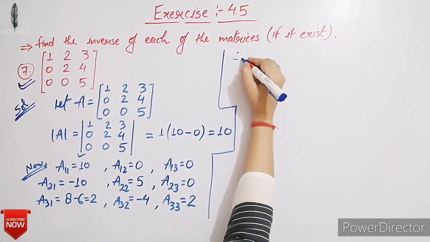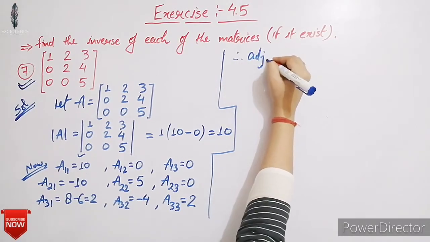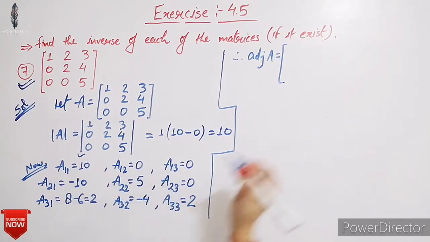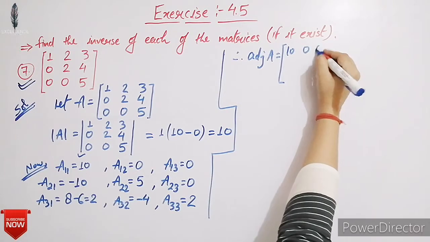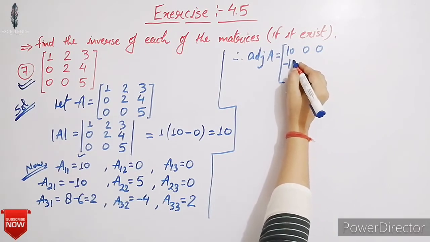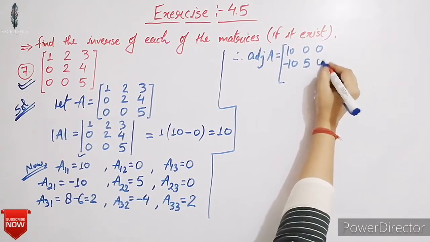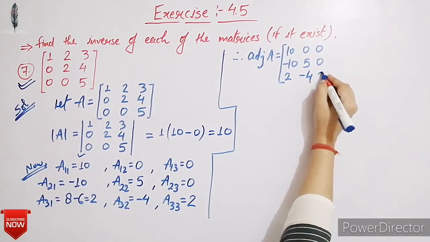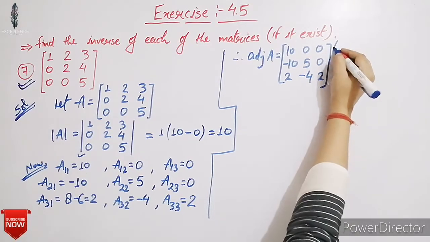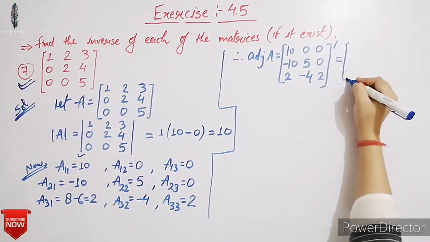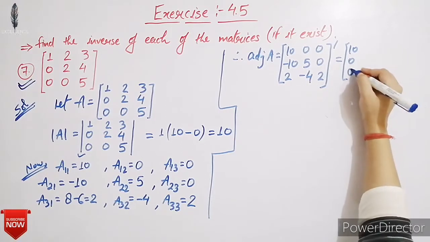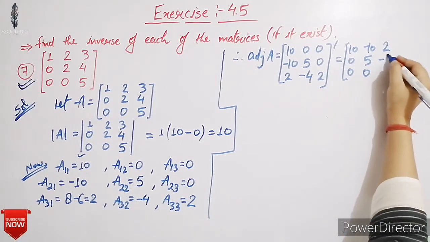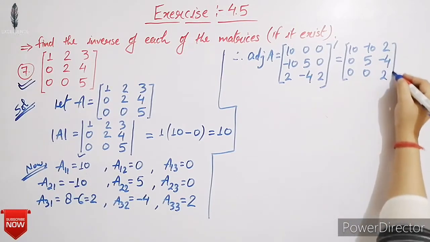So its adjoint is equal to the transpose of its cofactor matrix. The cofactor matrix is [10, 0, 0; -10, 5, 0; 2, -4, 2], and its transpose gives adjoint of A as [10, 0, 0; -10, 5, 0; 2, -4, 2].